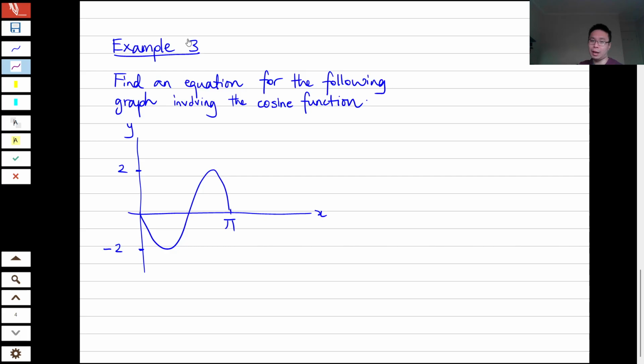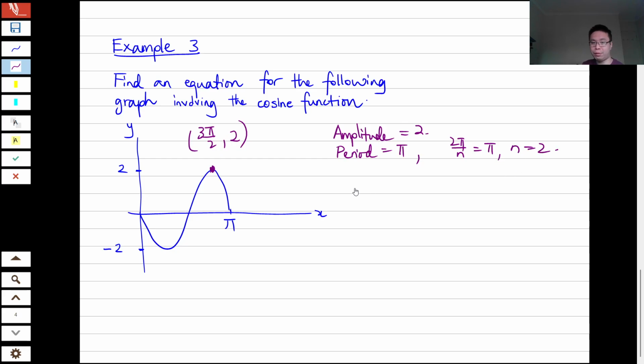So there's a few ways to do this. One would be to find this point here. It's 3π on 2, 2, and then consider a translation. You could do that. So why don't we do that first? So the amplitude is 2, and the period is π. So that means 2π on n is π, n equals 2.